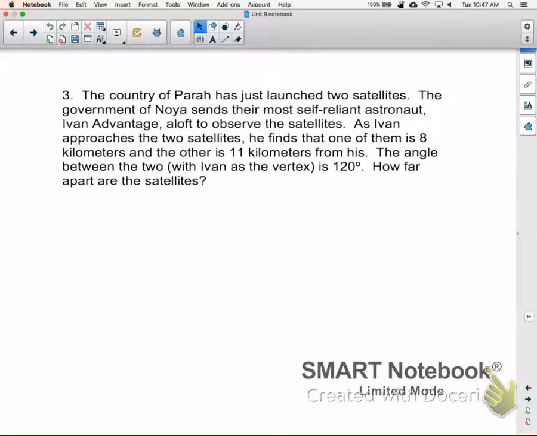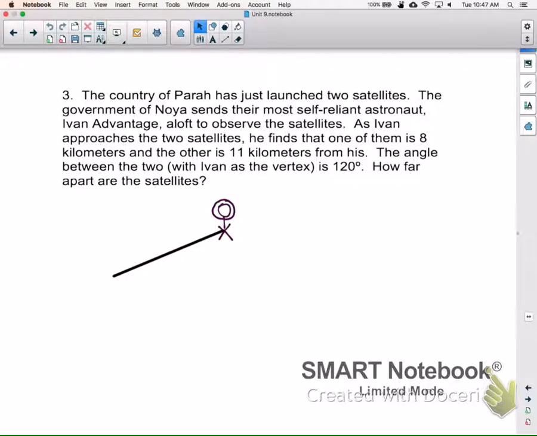All right, so we draw ourselves a little picture here. You're going to see my excellent artistic skills. Here is my Ivan the astronaut with his helmet. Ivan the astronaut is 8 kilometers from one satellite. So here we go.